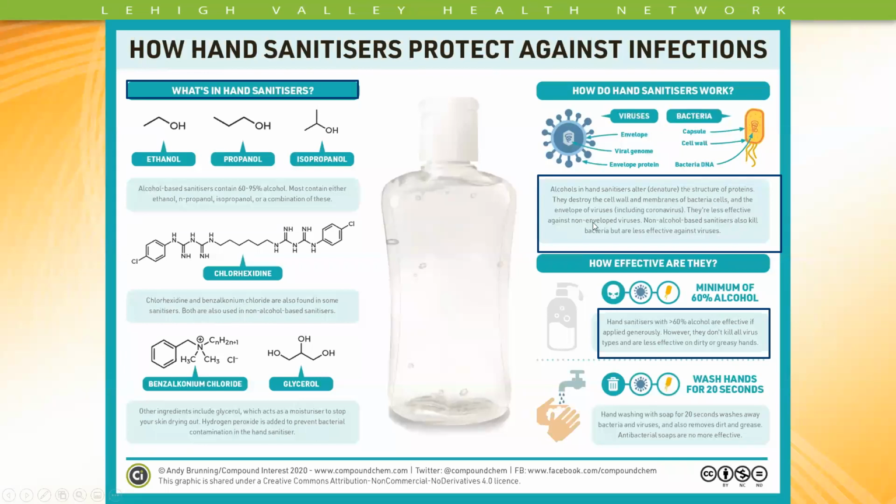They're less effective against non-enveloped viruses, but again, they have to be a minimum of 60%. And if your hands are very soiled and they have a high viral content, these will not work as effectively as soap and water. But they do cause cell membrane disruption, which then allows vulnerability to the viral genome.